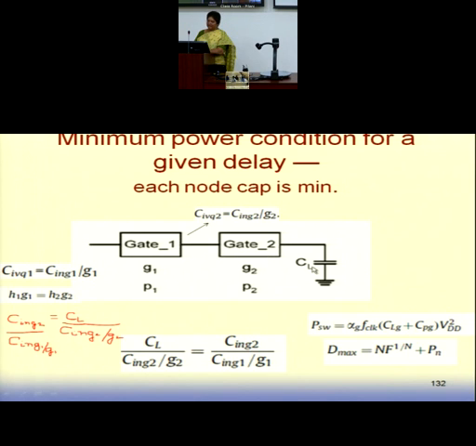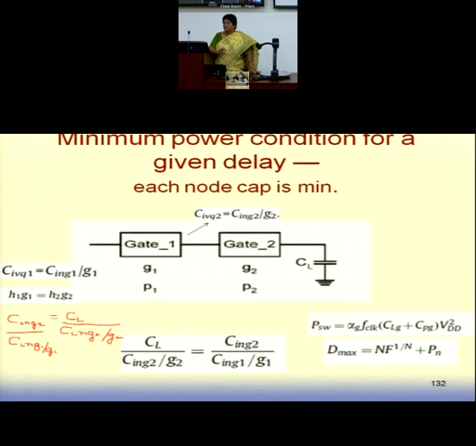It is CL divided by C input gate 2. You can substitute these things over here, you will get this equation. Simple, it is nothing but just substitution. Or you can also understand it in terms of G1H1 plus G2H2. It is actually this condition which is true for minimum power also, as per our equation for P normalized that we have derived just now.